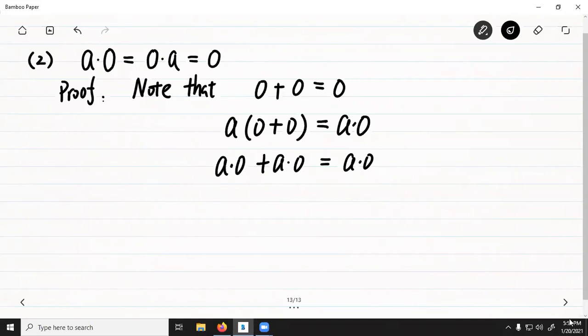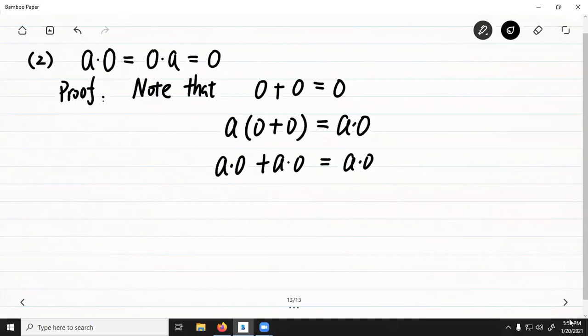Okay, so any number must have the additive inverse, right? For any real number must have the additive inverse. So now let's add the additive inverse of a times 0. This a times 0 is a real number, right?